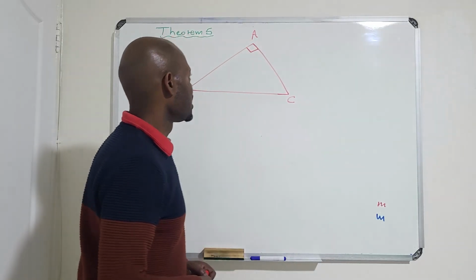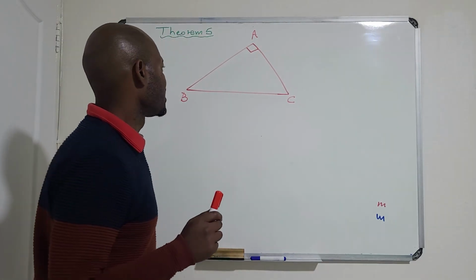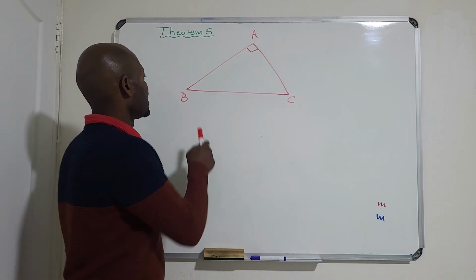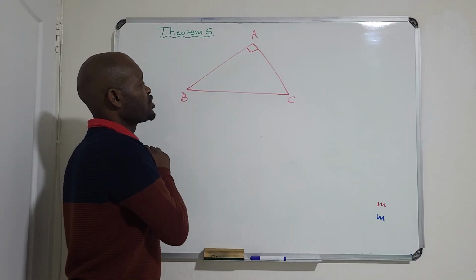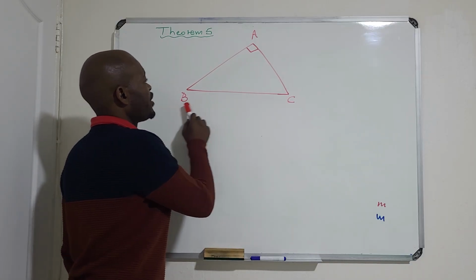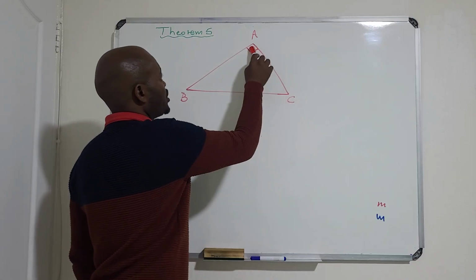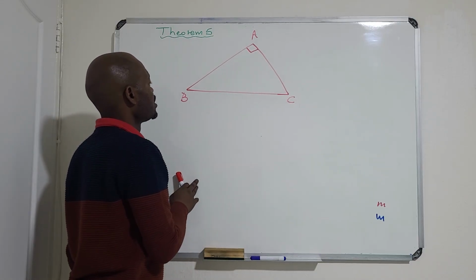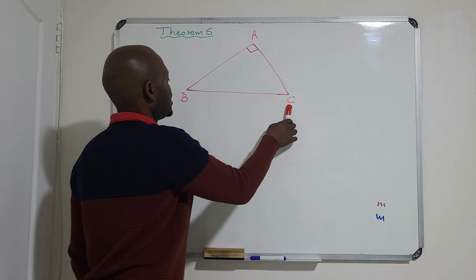Now, let's prove it. What I've just said is that Pythagoras theorem states that the hypotenuse side, which is always opposite 90 degrees, is the longest side.